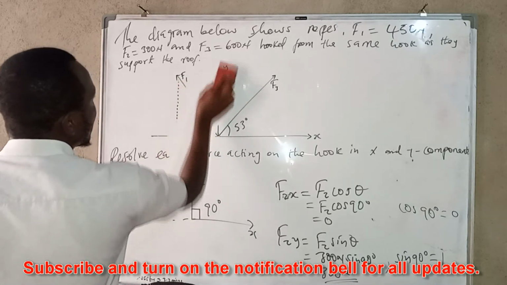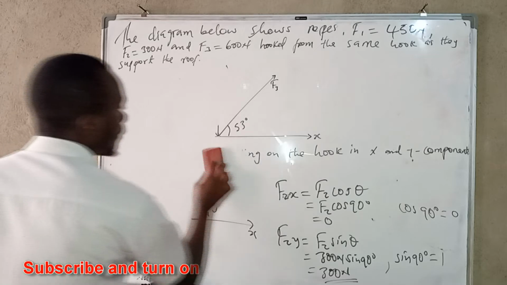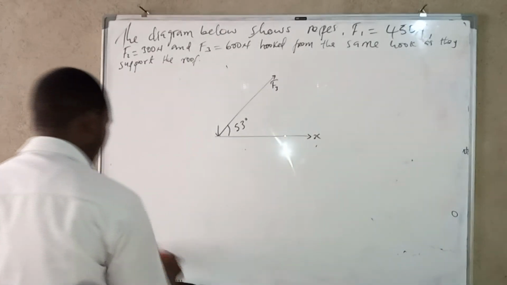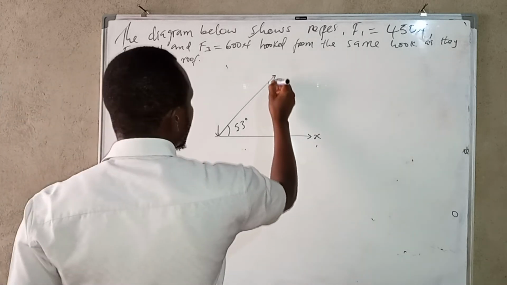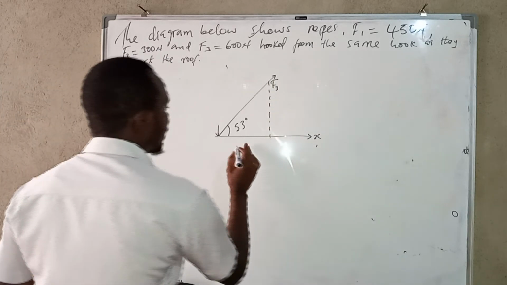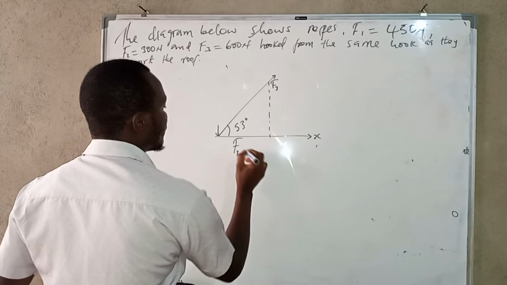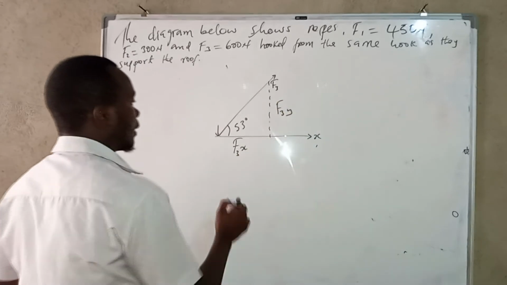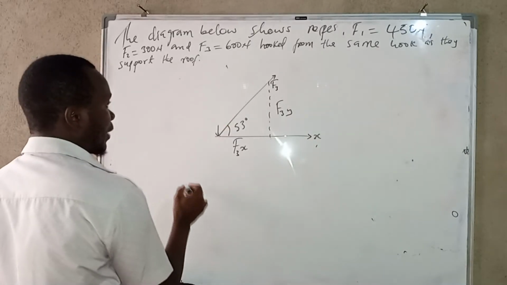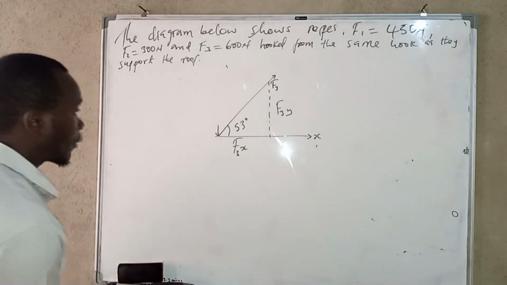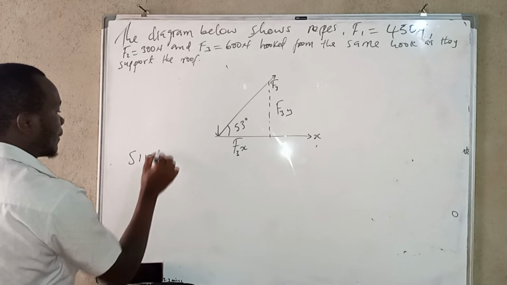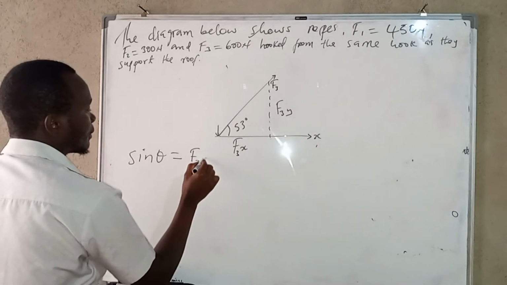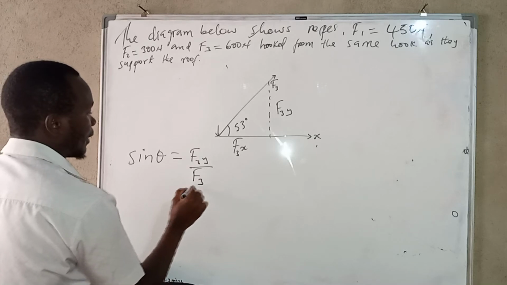We're going to resolve it right from here. So let us see if we resolve this. So we have F3x, F3y. If this is the theta, sine theta is equal to F3y over F3.